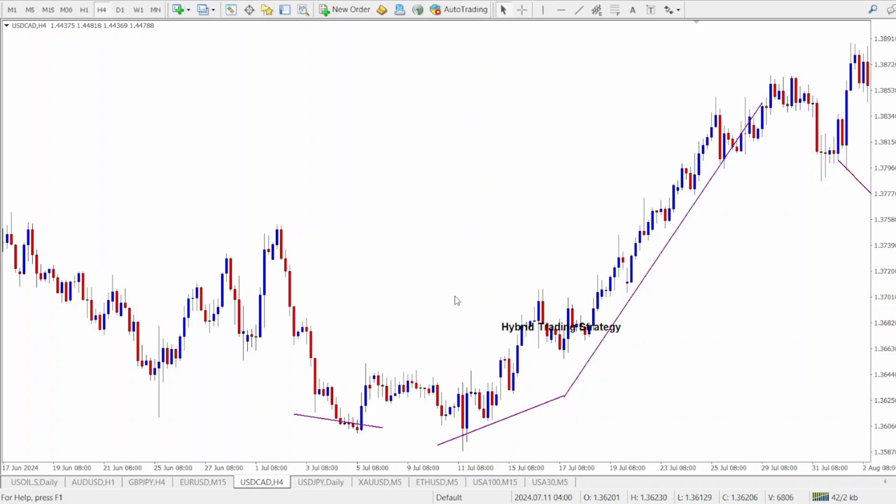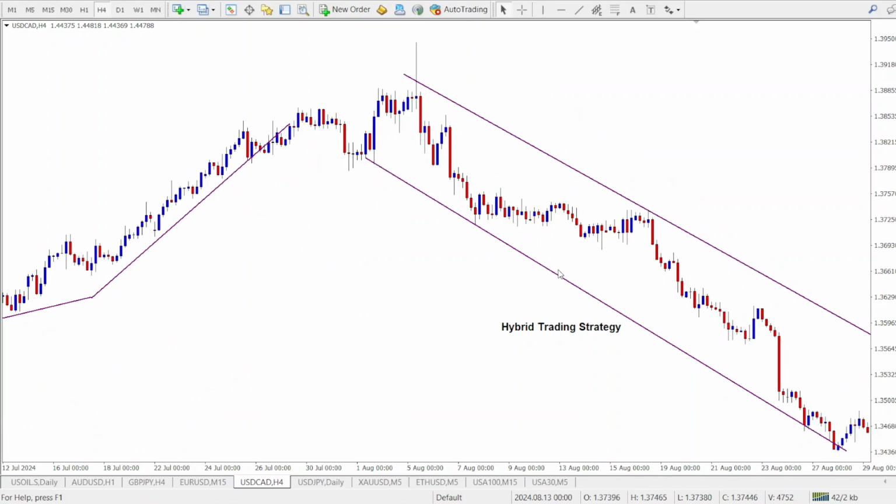Now, secondly, you need to confirm with technical analysis. After identifying a potential market mover, you switch to your charts. You can use tools like moving averages, trend lines, Fibonacci retracement to identify support and resistance levels. Basically, you can use any technical indicator of your choice.